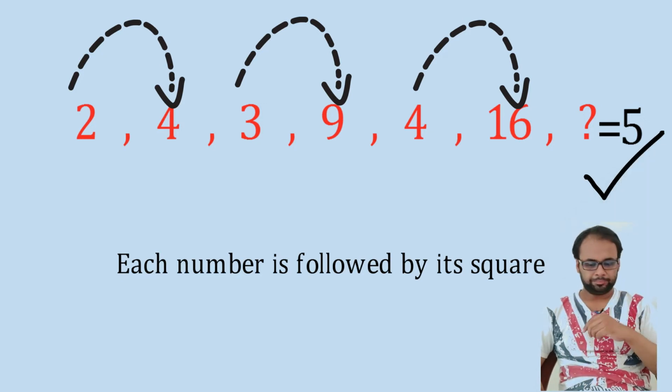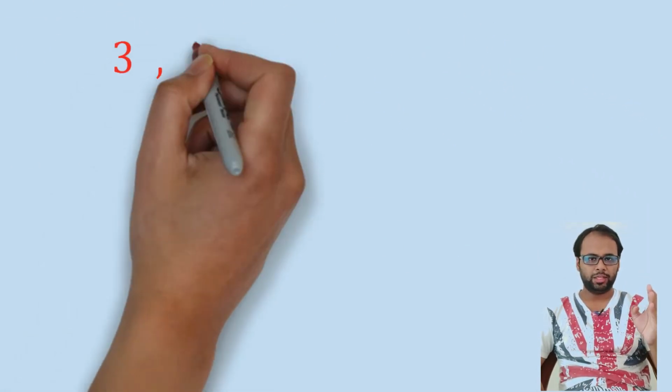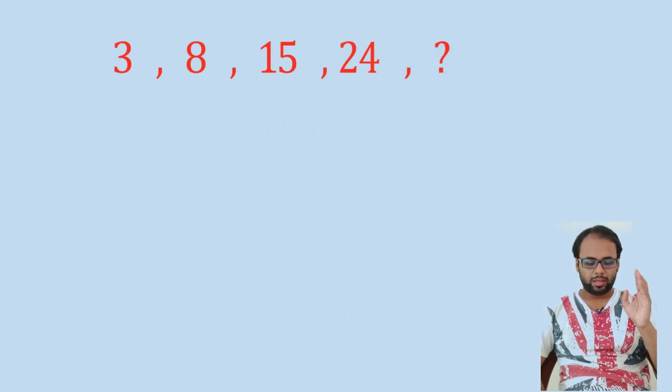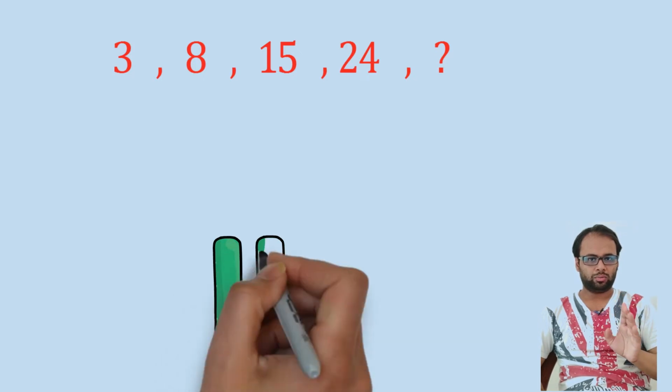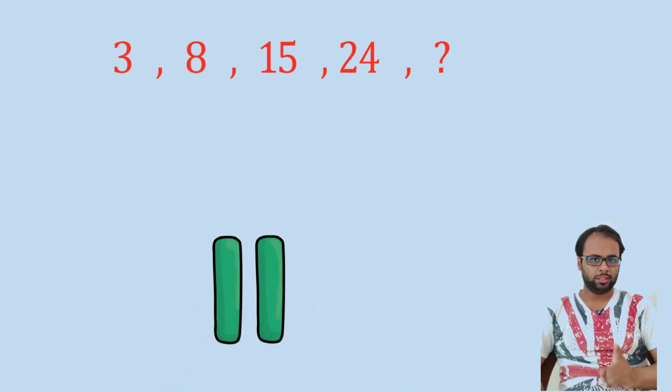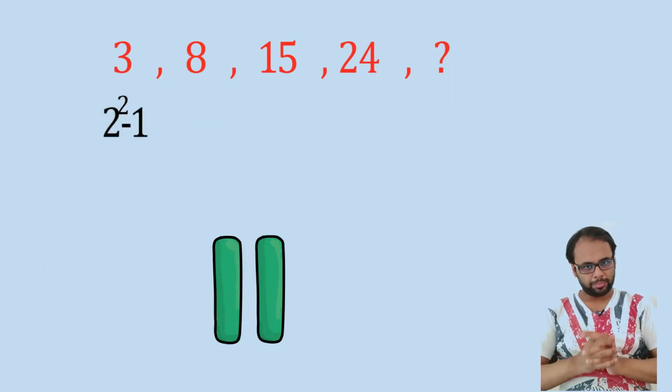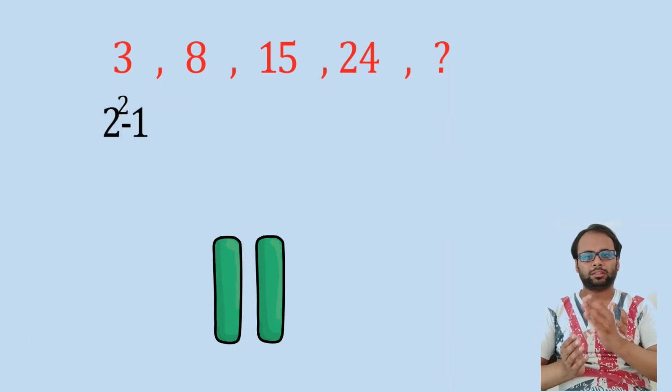Next series we see 3, 8, 15, 24. Now this is also not a straightforward square series. If you see carefully, 3 is not the square of any number. But 3 can be calculated as 4 minus 1. So it is 2 square minus 1.